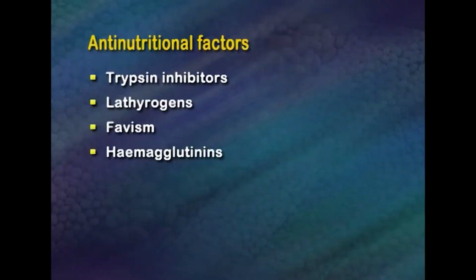Hemagglutinins. These are proteins in nature and sometimes referred to as phytoagglutinins or lectins. Hemagglutinins reduce the food intake, resulting in poor growth. Hemagglutinins are isolated from soybean, field bean, white bean, double bean and horse gram. Hemagglutinins are heat labile.